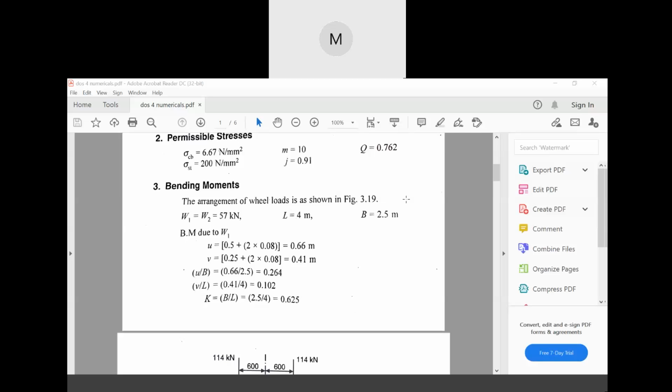Those who are done solving capital ML and capital MB, just write down in the chat box the answers.